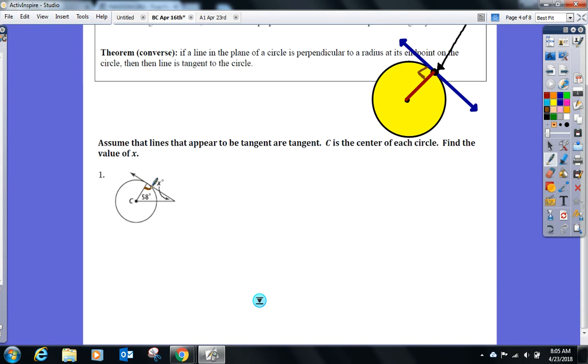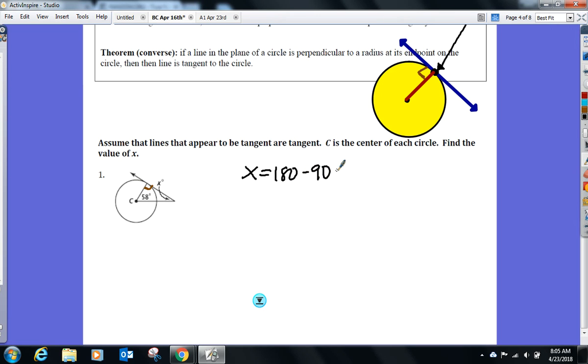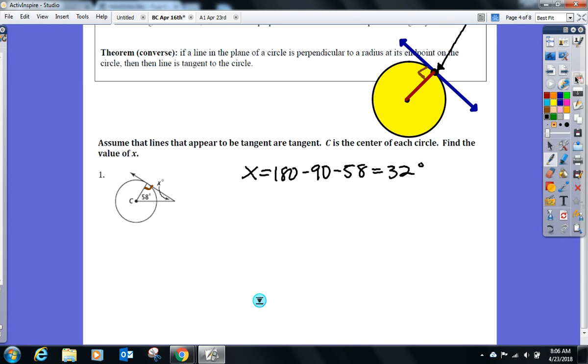Yep, so I got that. That's a right angle. Any thoughts on how to find x then? All right, got it. What do you got for me? Okay. One application of how that theorem works. Everyone all right? All right, let's keep going.